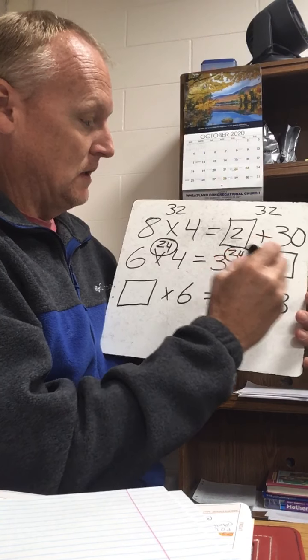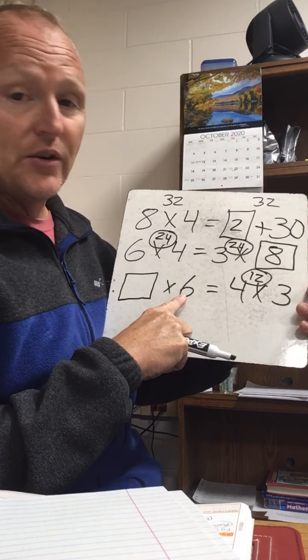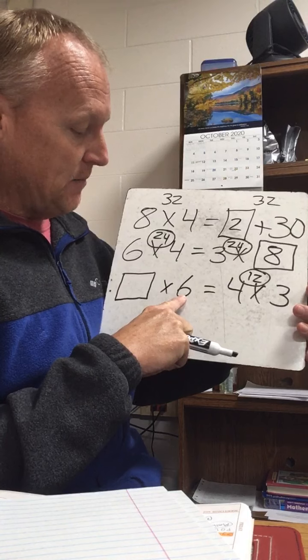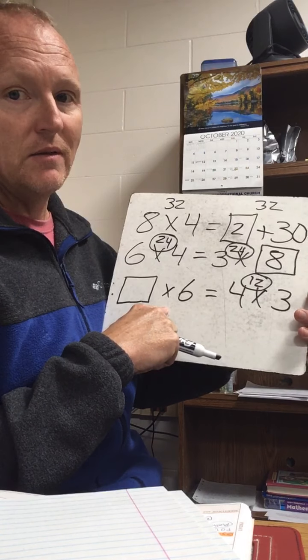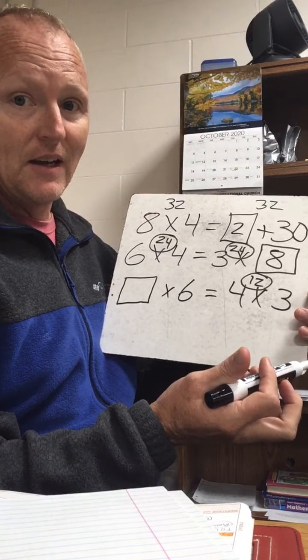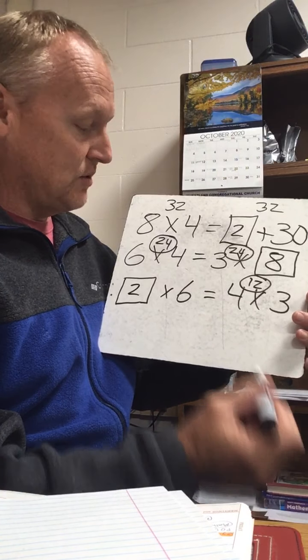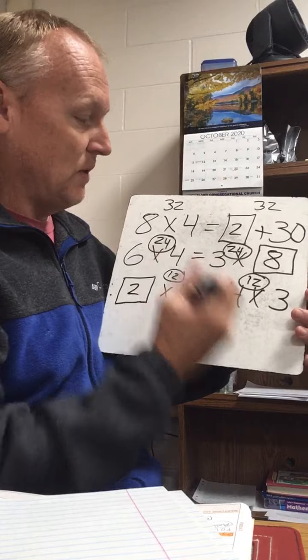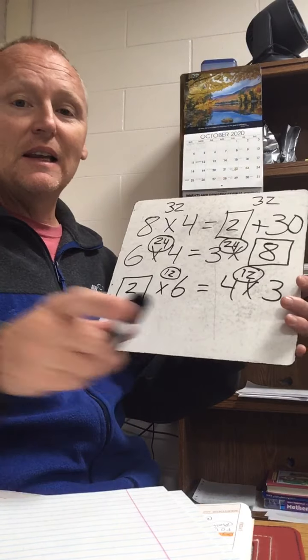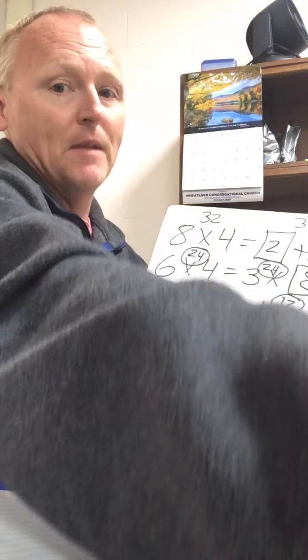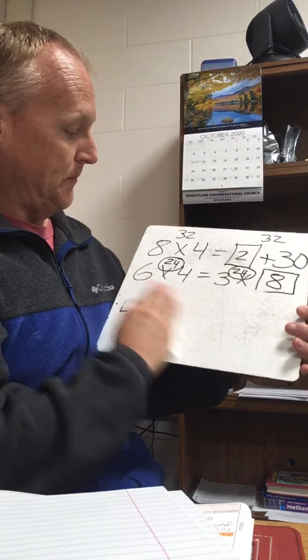We know it's 12. So now you're over here and you're asking yourself, what do I multiply times 6 to get 12? Well, that's a pretty easy basic fact, right? 2 times 6 equals 12. So now you have 12 equals 12. You're completely balanced.